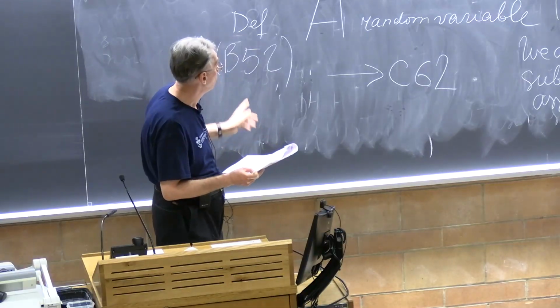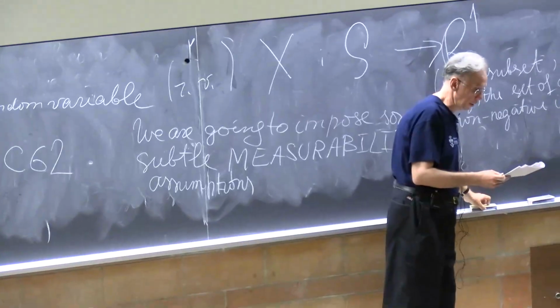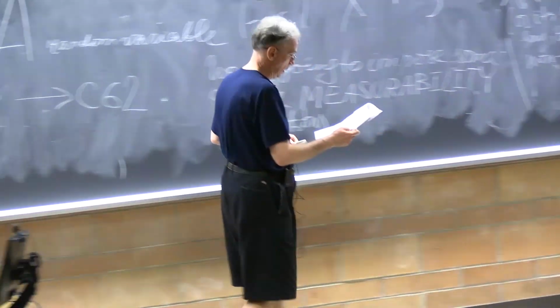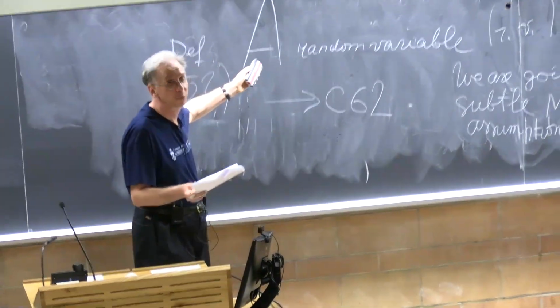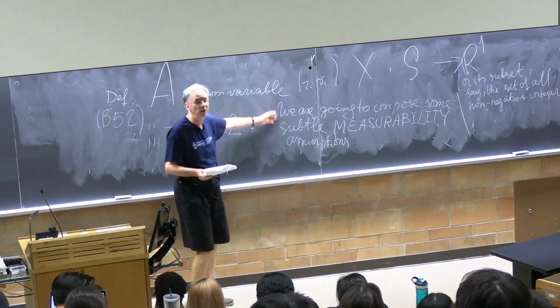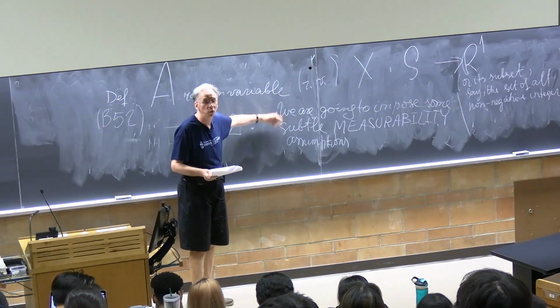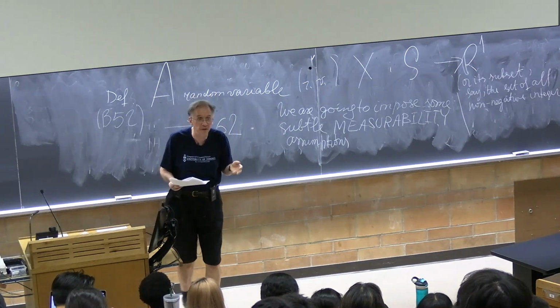Okay? So now, I want to erase it. And so I hope you're all comfortable with this B52 definition with some comments on what we are going to do to make it more exciting.